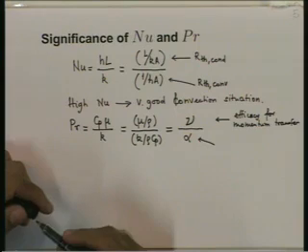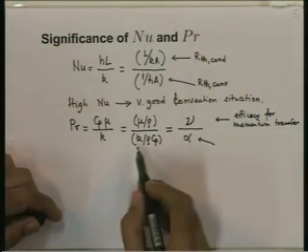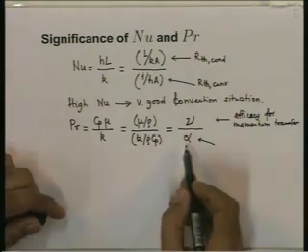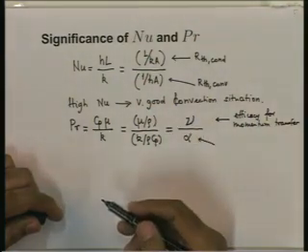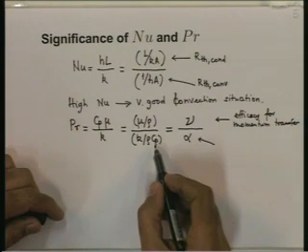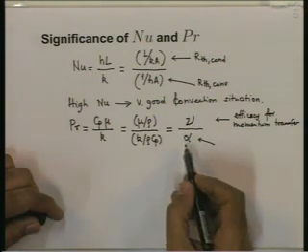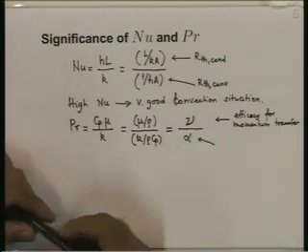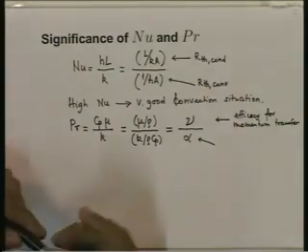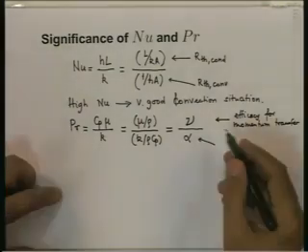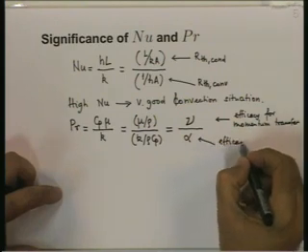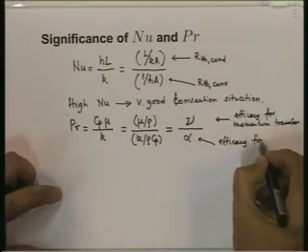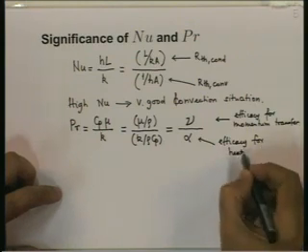Alpha, on the other hand, notice that larger the conductivity means larger the alpha. Heat will be transferred faster by conduction. Lower the Cp means larger the alpha. Lower the Cp means for the same amount of heat gain, the temperature will rise significantly. So the alpha represents the efficacy of the fluid for heat transfer.